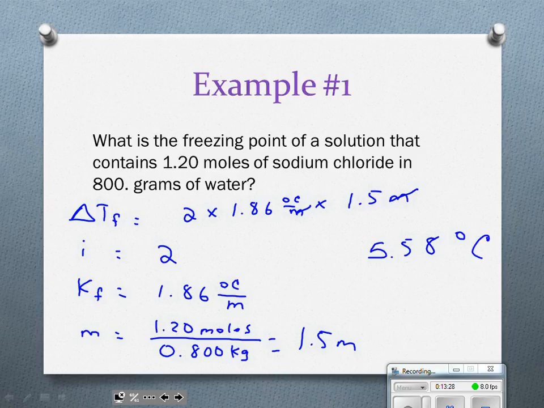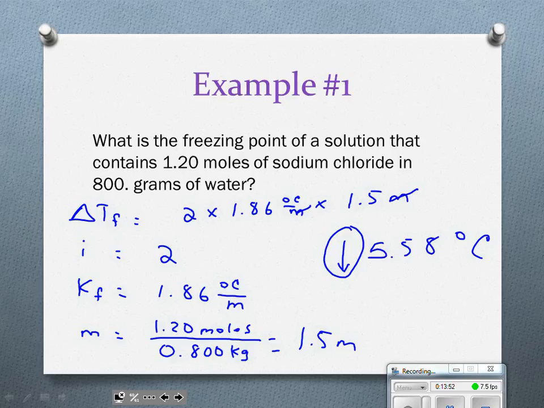Now, I'm not done. It works out really, really good for this one, because this is how much my freezing point decreases. Well, what's my freezing point of water? 0, correct?